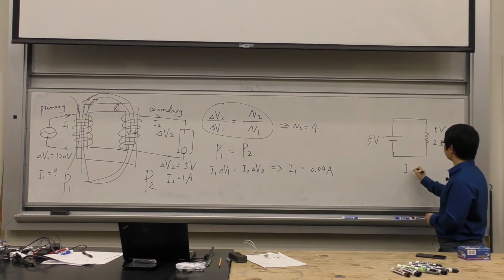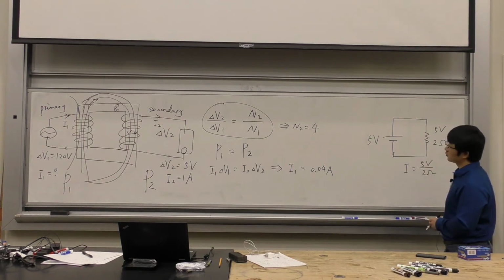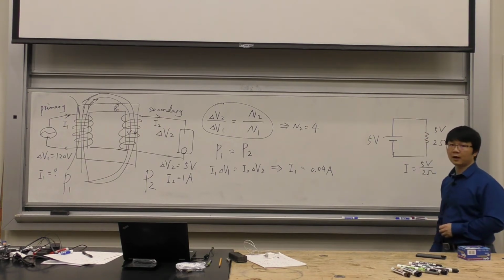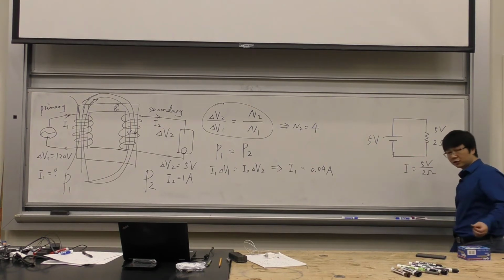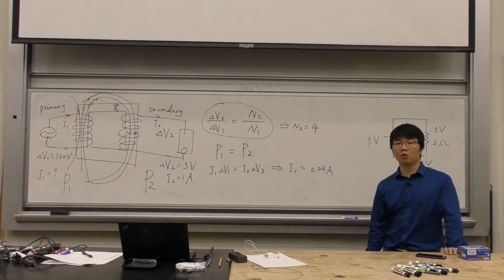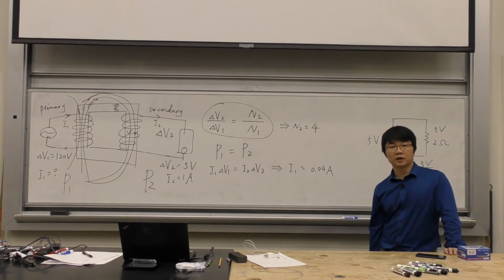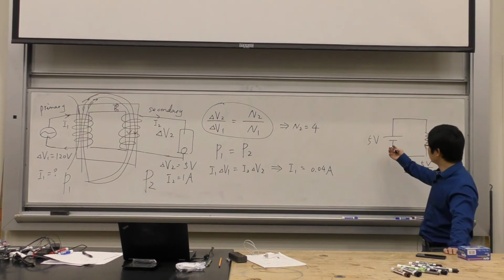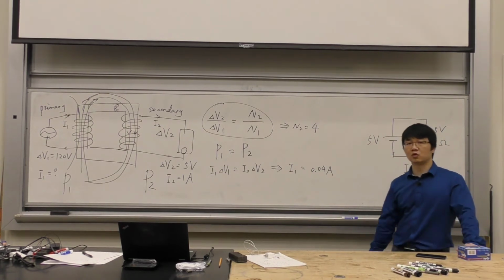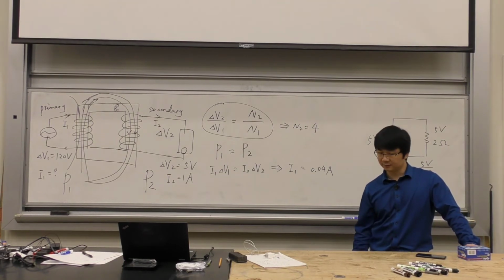So the current is just going to be 5 volts divided by 2 ohms. You just assume this resistor gets all the voltage. Why? Because the resistance of the conducting wires is really small, so it's negligible. They do have resistance and do take some voltage from the battery, but it's too small, so you don't really need to worry about it.